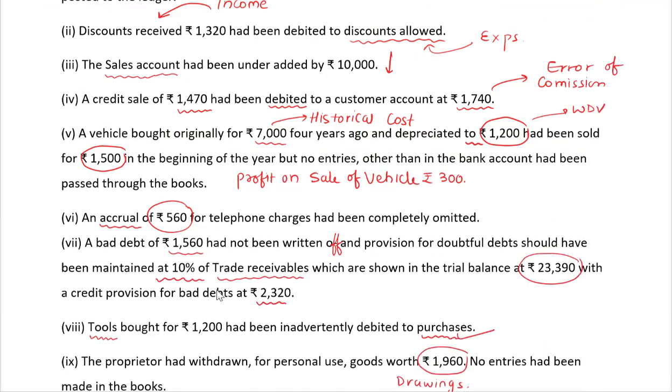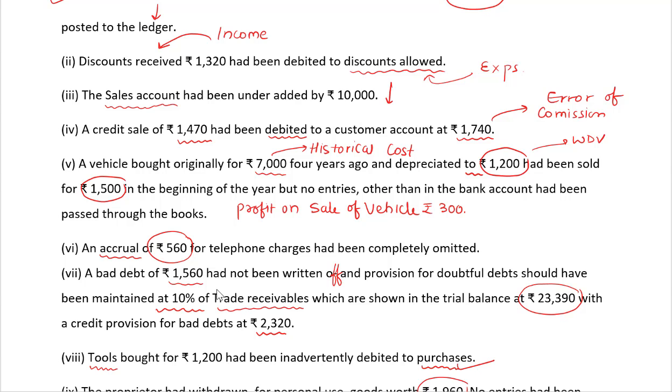Let's see the fourth one now. A credit sale of 1470 had been debited to a customer account at 1740. Students, in this point number 4, if you could just see, we need to debit customer by 1470, but actually we have debited customer by 1740. So 1740 minus 1470, this will give you 270, the figure of 270.